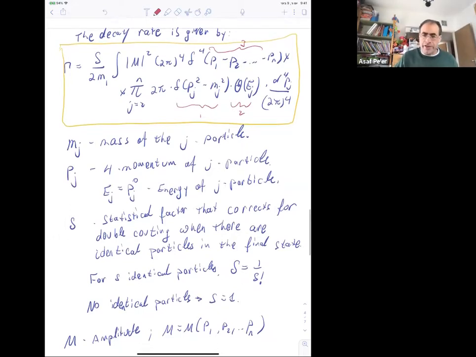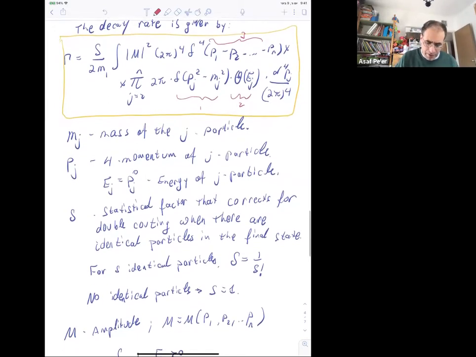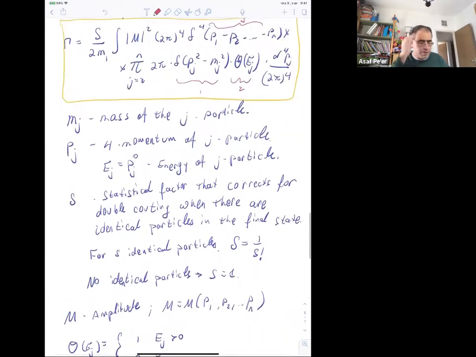So what do these constraints physically mean? Let's see. Constraint number one here just states that each outgoing particle, I'm multiplying over all the outgoing particles, these are real particles, not virtual particles, so it must lie on the mass shell.